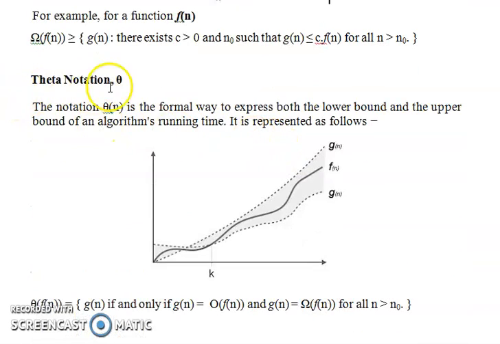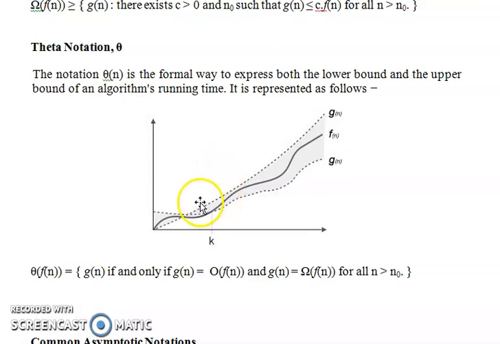When it is in theta notation, we can have two bounds, lower and upper of g(x), and f(x) will be in between these. This line will be multiplied by a constant, say C1, and this by a constant C2. So we can have two constants C1 and C2, such that f(x) lies between these two bounds, upper and lower bounds.